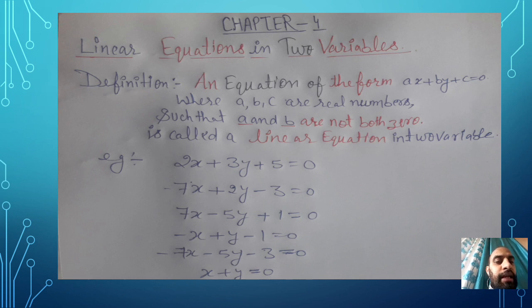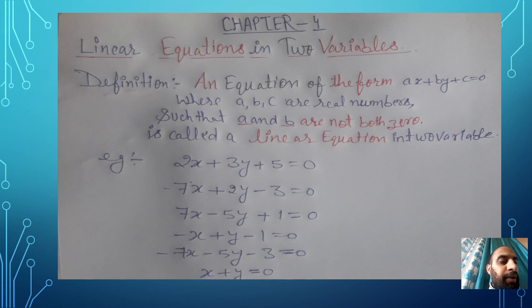In the next cases you can see 7x minus 7y plus 5 and so on, and minus x plus y minus 1 equals 0. In all cases, my dear students, some value is written in front of x as well as y. In the last case, x plus y equals 0. Here a equals 1 and b is also 1, but the value of c is not given, so we can consider c equals 0. These are some common examples.